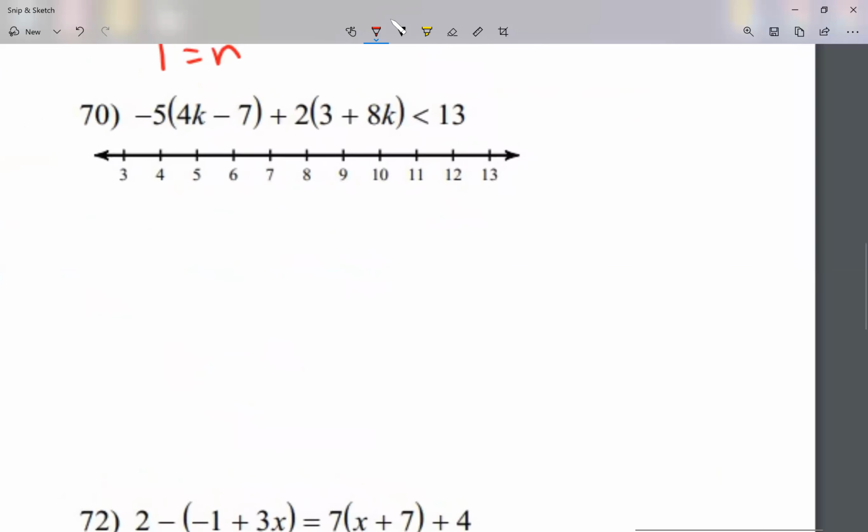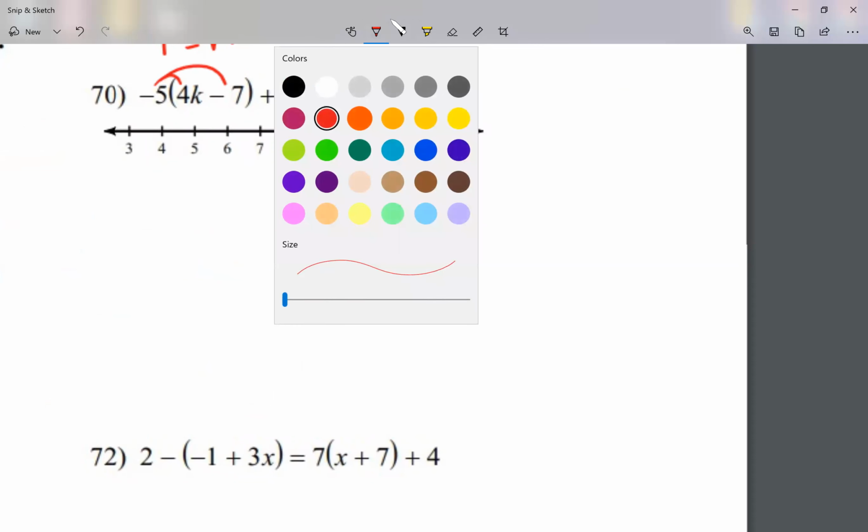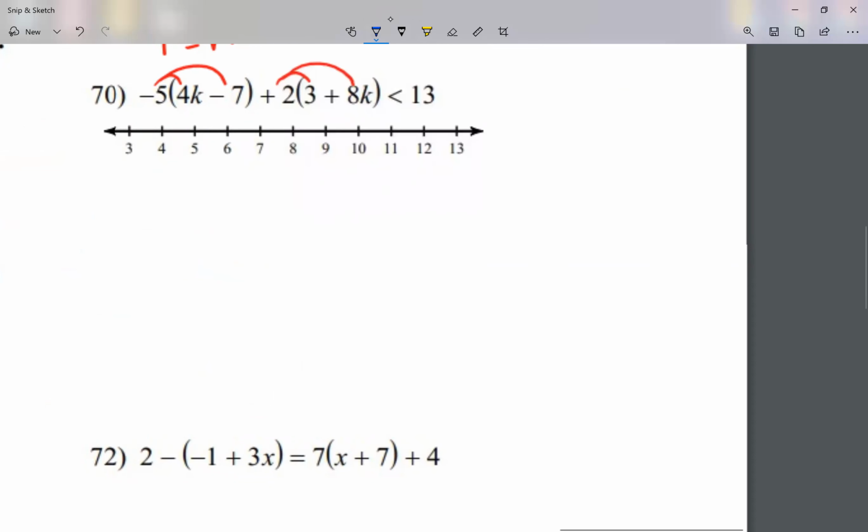Let's take a look at number 70. Get rid of parentheses. So the negative 5 multiplied to the inside, the positive 2 multiplied to the inside. So that gives me negative 20k plus 35. On the second parentheses, I get positive 6 plus 16k.